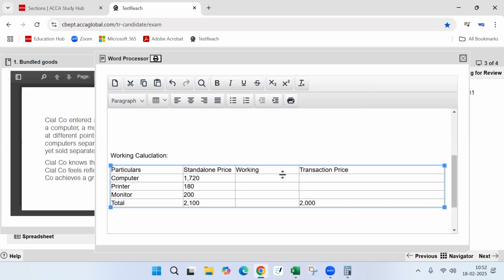You allocate the 2000 based on the standalone selling price: 2000 into 1720 divided by 2100, then 2000 into 180 divided by 2100, then 2000 into 200 divided by 2100.